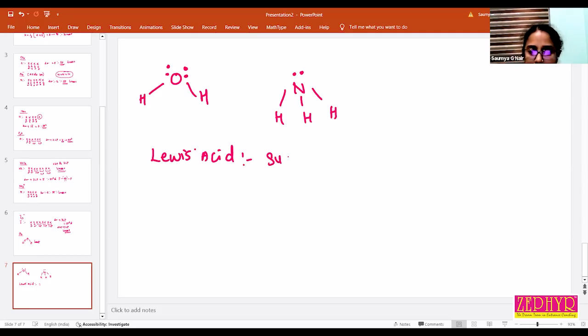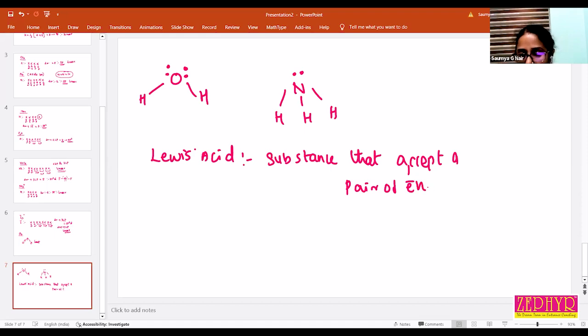A substance that accepts a pair of electrons, or is electron deficient. That is why it accepts a pair of electrons. Only if it is electron deficient will it accept electrons.